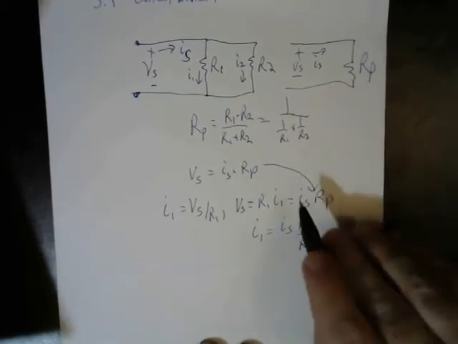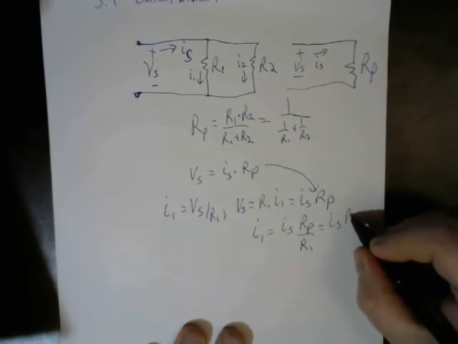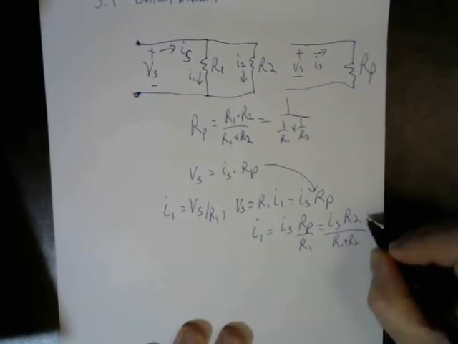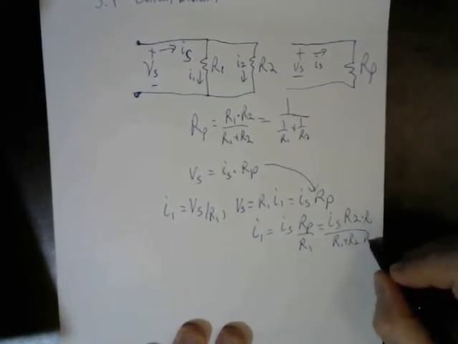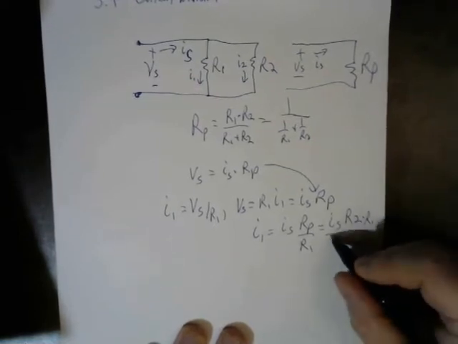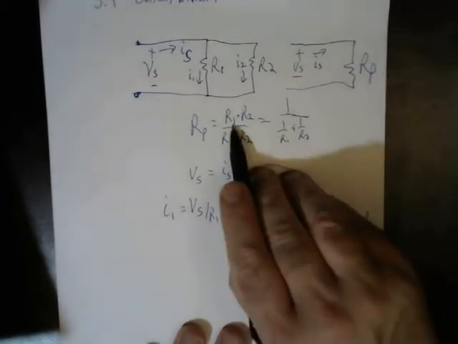Now, if I plug this in, you're going to see that this is IS R2 over R1 plus R2 times R1 over R1. Because this is this R1 and you have this R1.